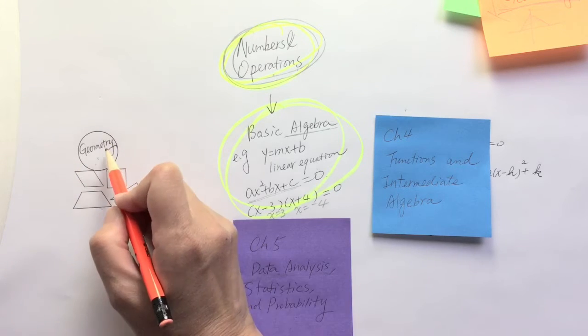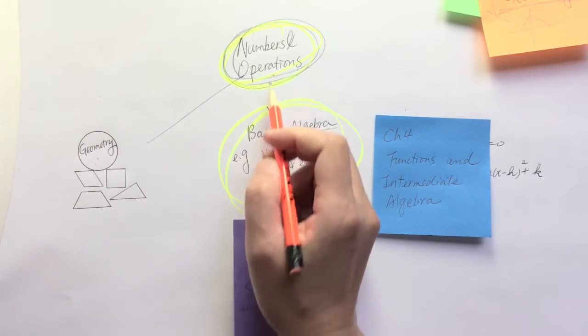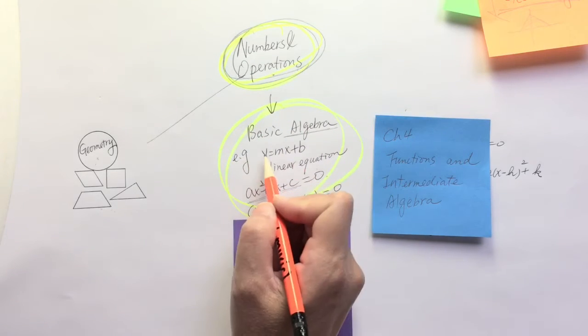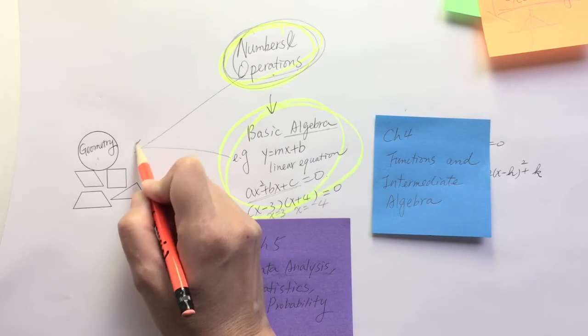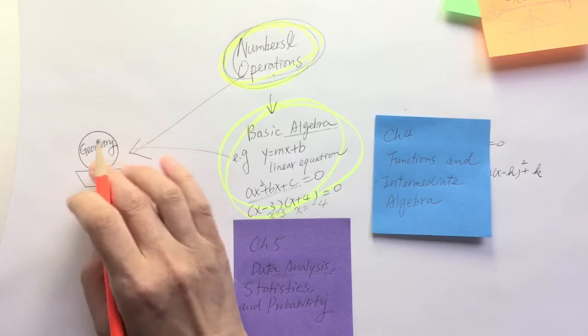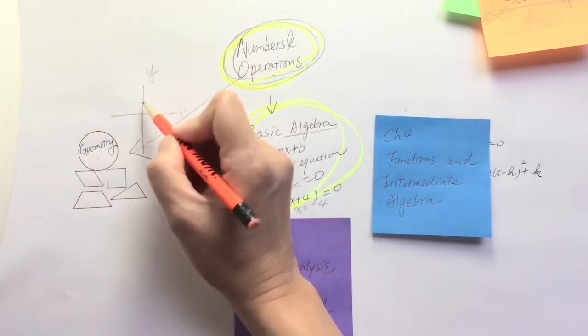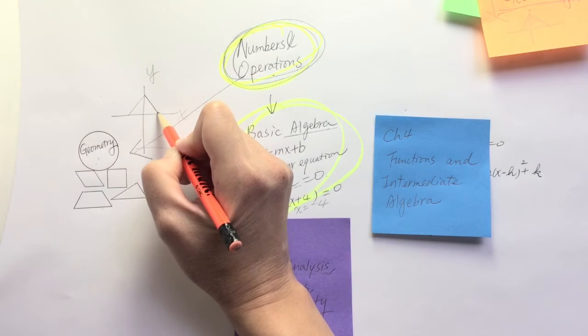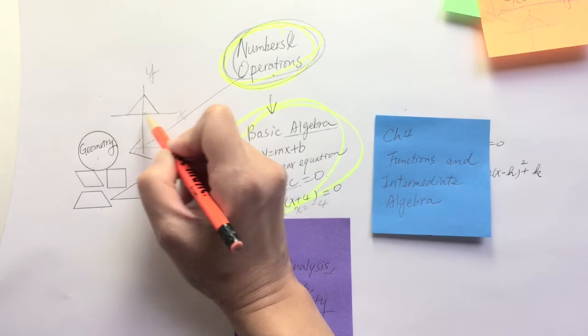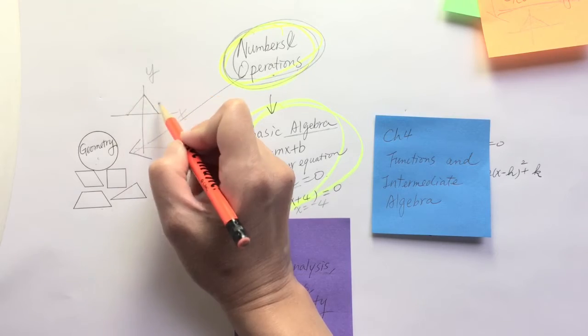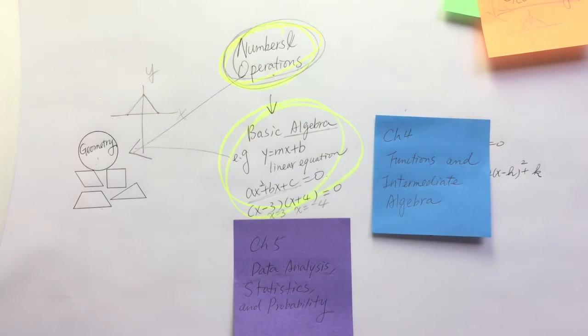Okay, we also need to use numbers, operations, or some basic algebra concepts in this chapter. For example, in a coordinate plane x, y, and z, if you have a graph of a triangle, then you have to figure out the location of the vertices, something like that.